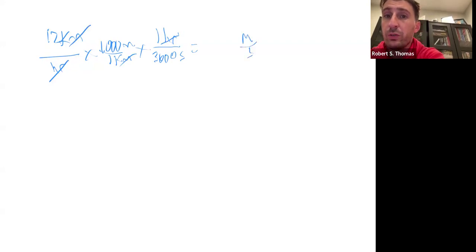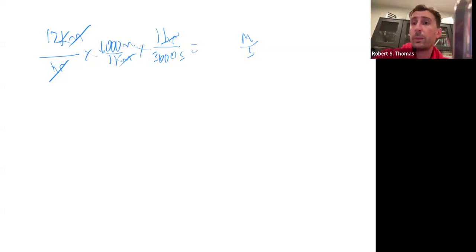So what you do is you do 12 times 1,000 divided by 3,600. Let me get a calculator real quick so you guys can just double check your answer. 12 times 1,000 divided by 3,600 gives me 3.3 meters per second. Okay, that's just an example of converting, so you have it. The key is pay attention to what they're asking the units to be.